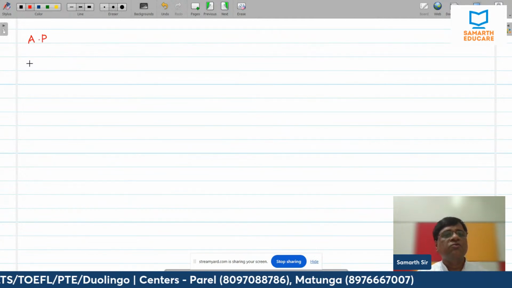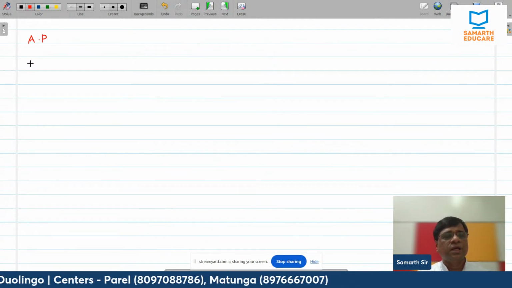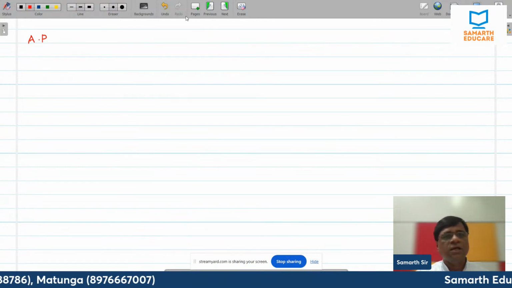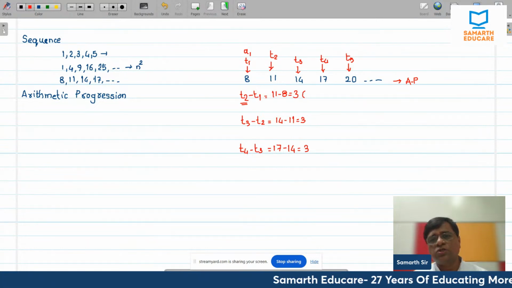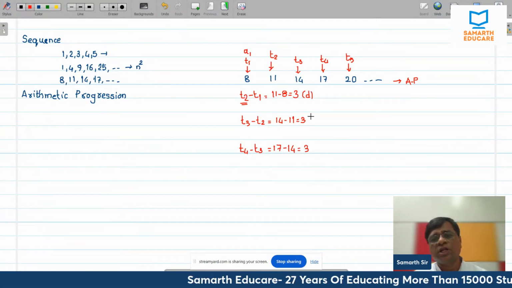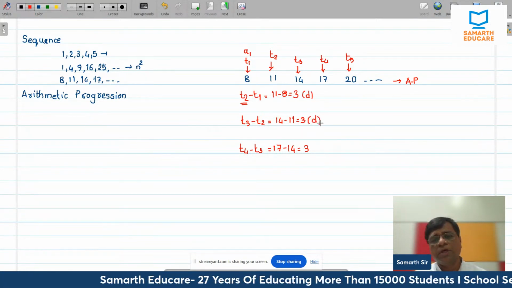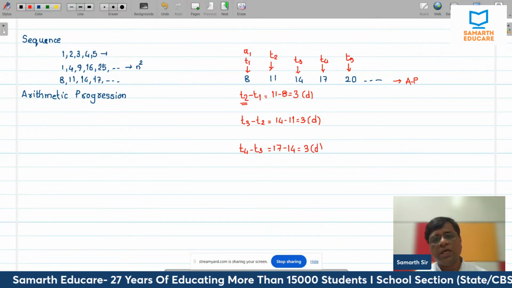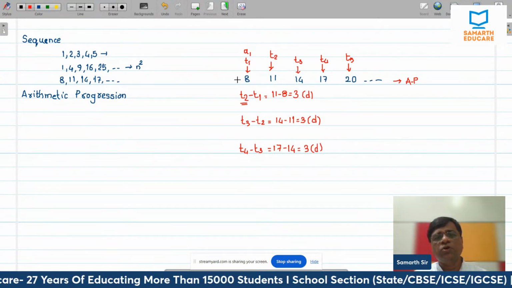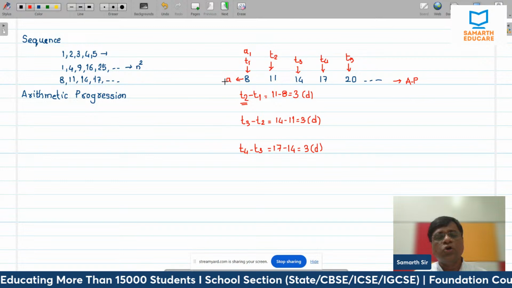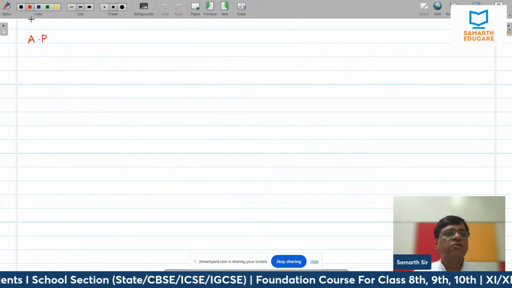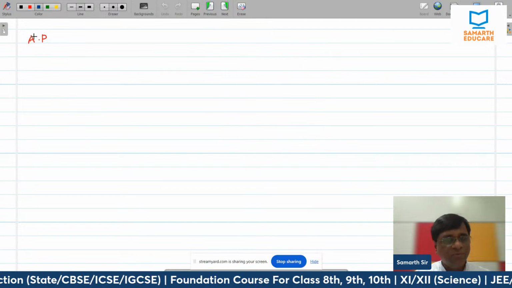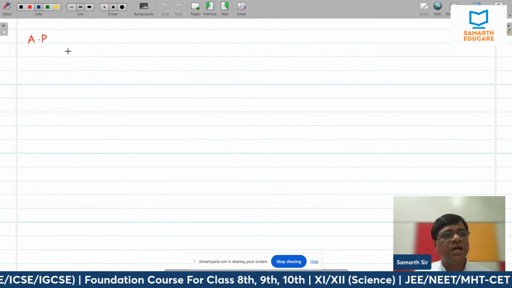The first thing is we have to understand how to write an AP. Now, as I said, there is a difference, and this difference is called the common difference, which is generally denoted by D. The first term is denoted by A, and the common difference is denoted by D. Then in that case, if I want to write an arithmetic progression in general, how is it written?